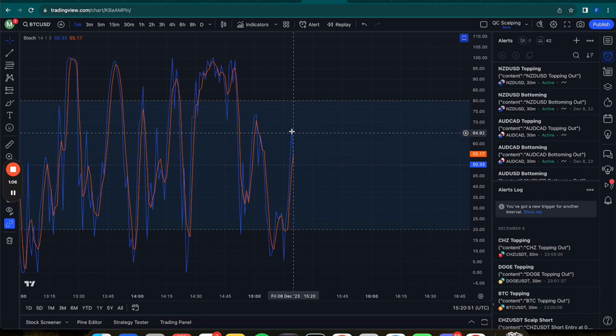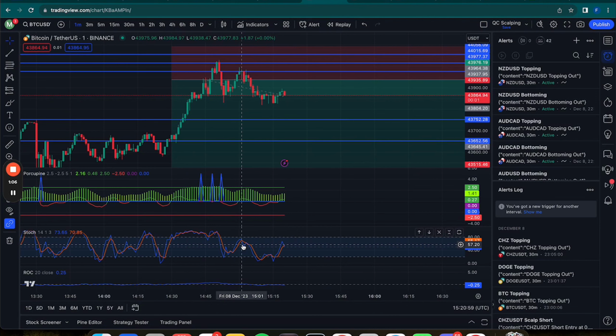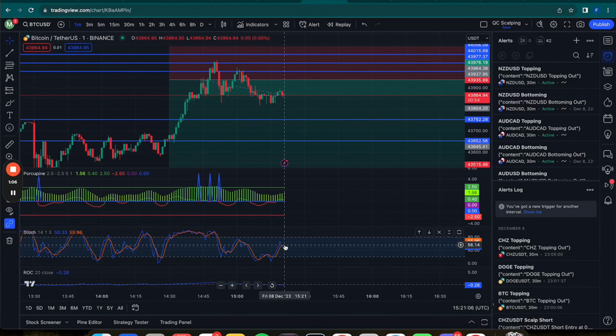I would love the 1 minute to turn before we go to this level and go further down. Look, the last time the 1 minute topped out, the price was here. If we're going to top out now and the price is here, then we have some downside to go.